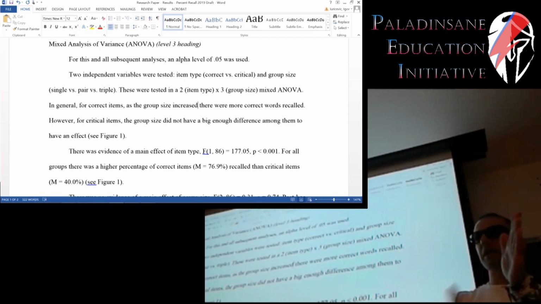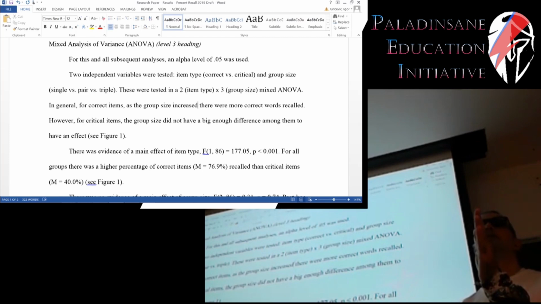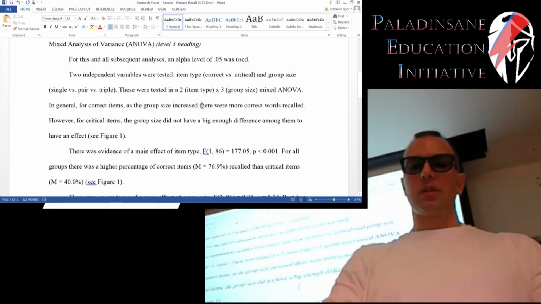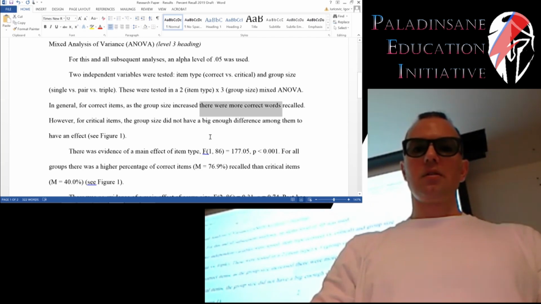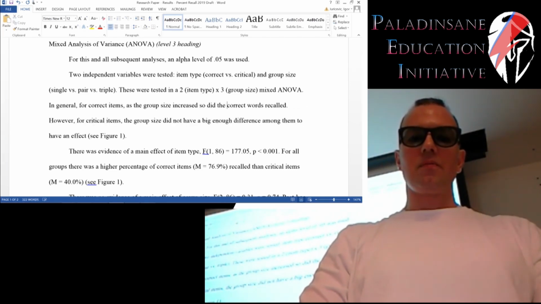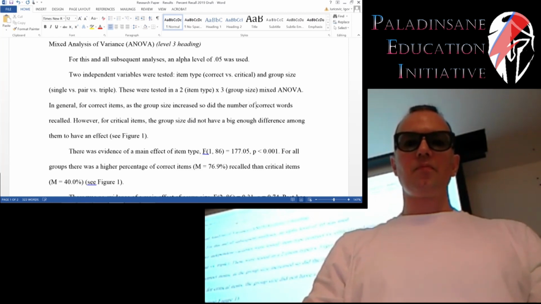Is there a way to kind of keep it more parallel? As group size increased, so did the number of correct words recalled. Okay.